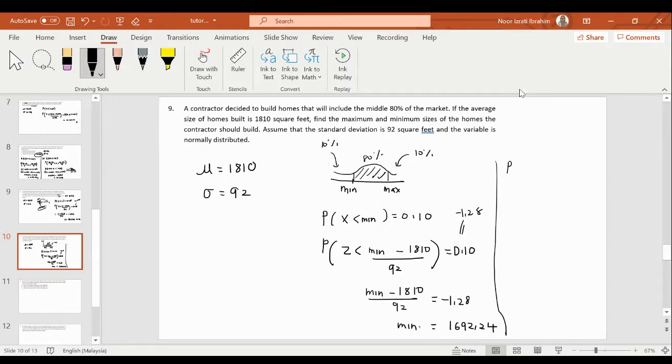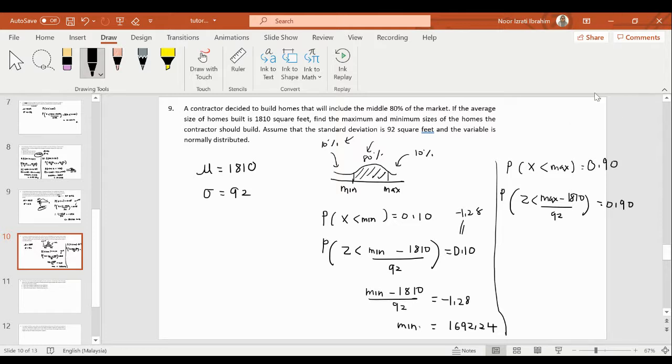For the maximum, we know that x less than the maximum equals 80 plus 10, 90%, or I can write it as 0.90. Again, you have to transform x to become z, which is maximum minus 1810 divided by 92 equals 0.90.